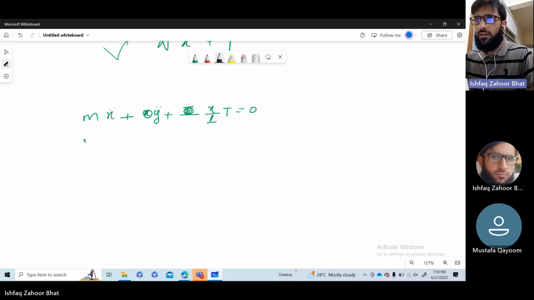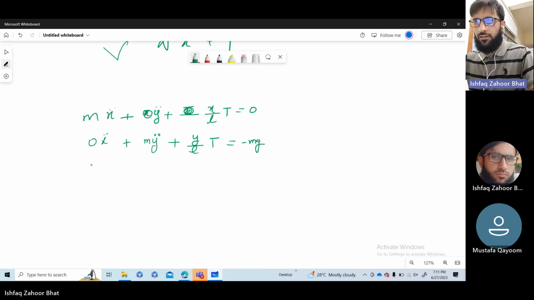The second equation was 0 times x double dot plus m y double dot plus y by L times t equal to minus mg.